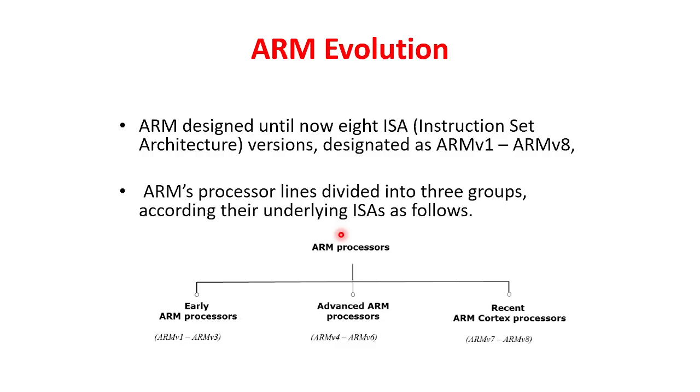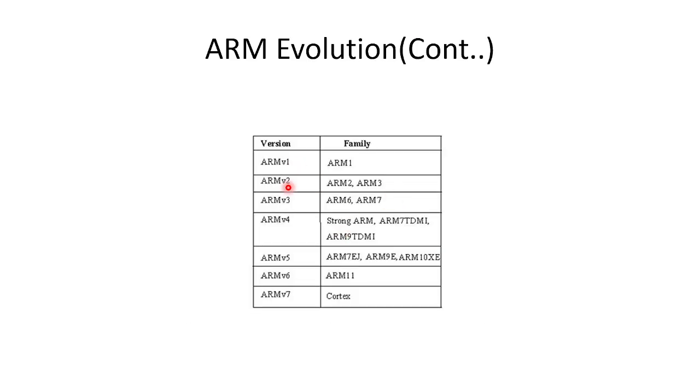The versions V1, V2, V3, V4 are referred to as instruction set architecture, ISA: architecture 1, architecture 2, like that. This family, whatever is mentioned, is the hard core, the core of the ARM, and this is the architecture they follow.